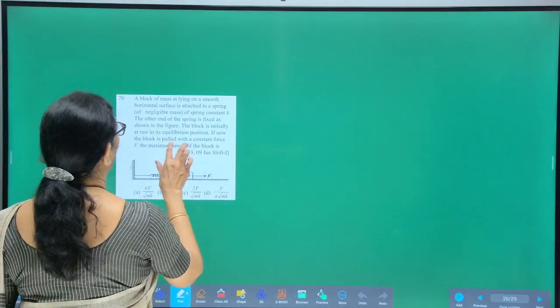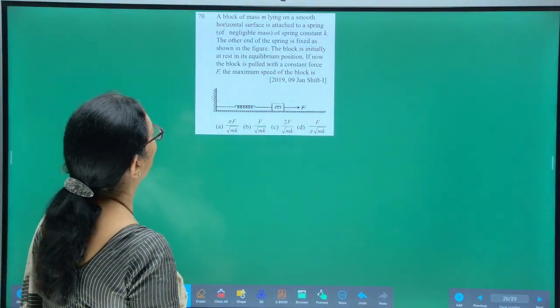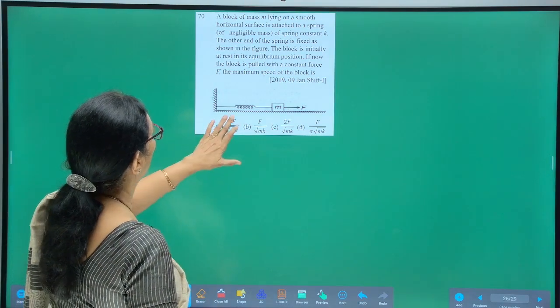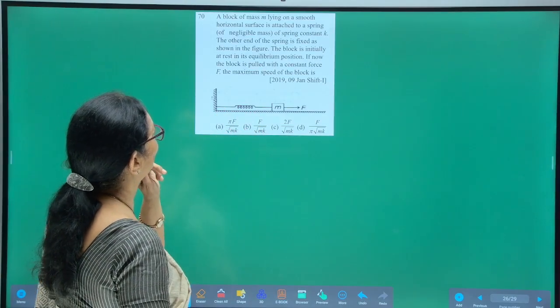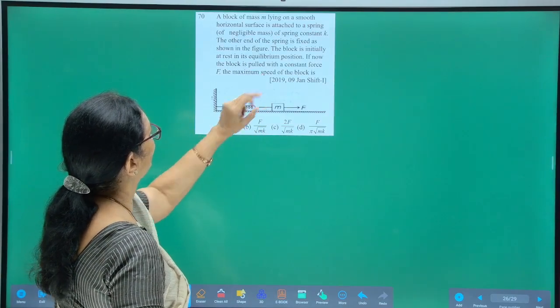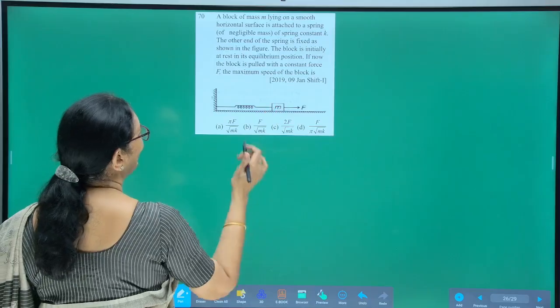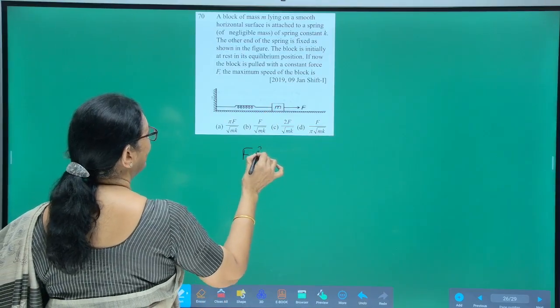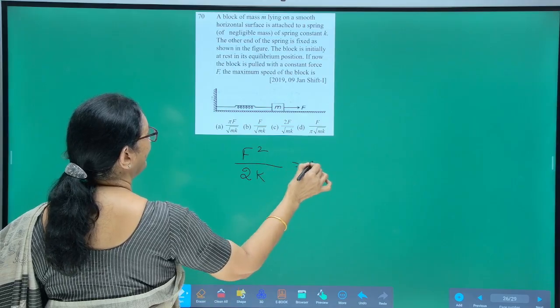Look here. A block of mass lying on a smooth horizontal surface is attached to a spring of constant K. The other end of the spring is fixed. The block is initially at rest. Now the block is pulled with a constant force F, find the maximum speed. This problem is repeated, isn't it? Energy stored in that spring on applying a force F is F square by 2K.